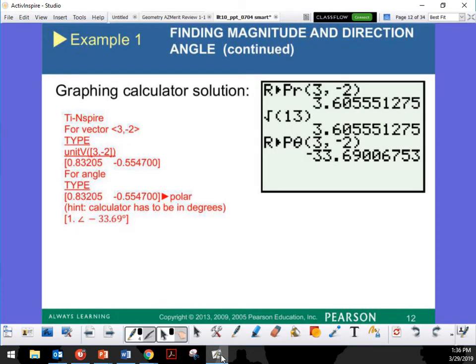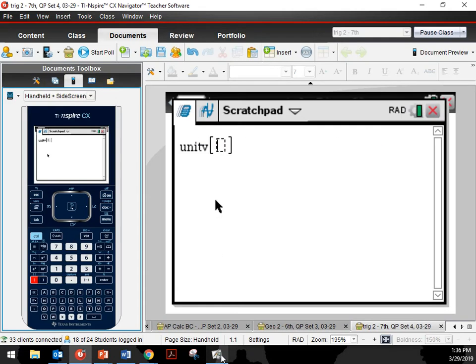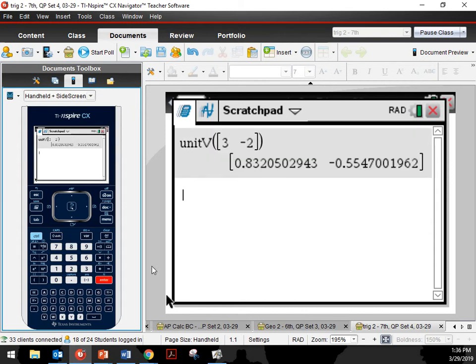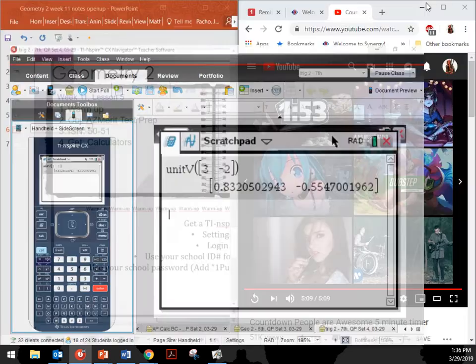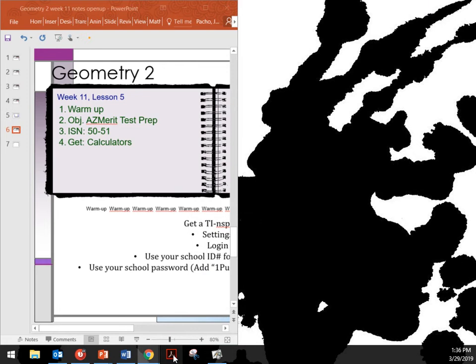Let me see my notes. 3, comma, -2. There we go. This part right here is going to be important for later.